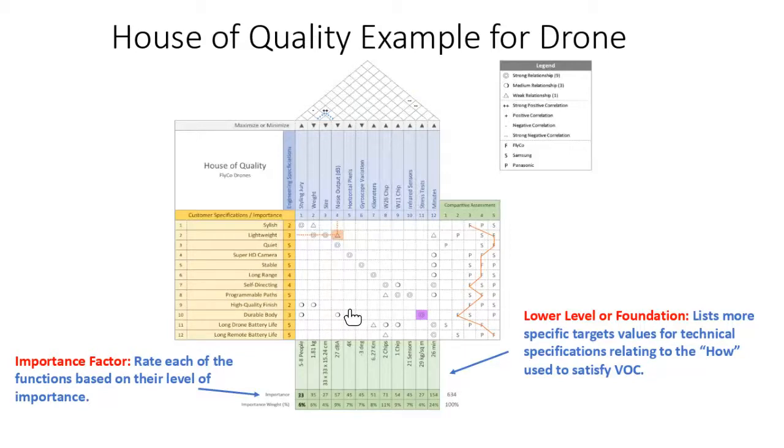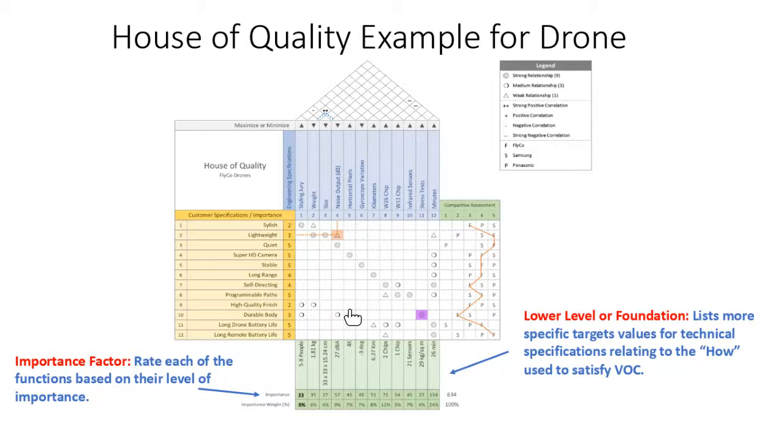Now let's explain it again, but with different samples and some extra information for this example, to give you an idea how this house of quality can get further and be more informative.